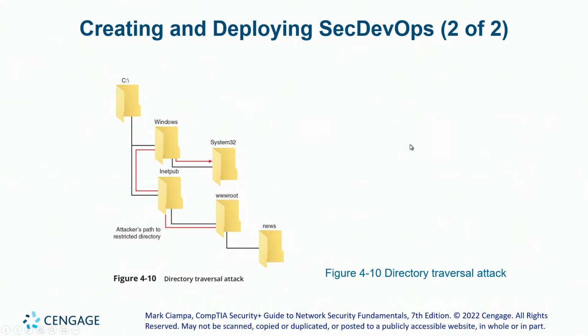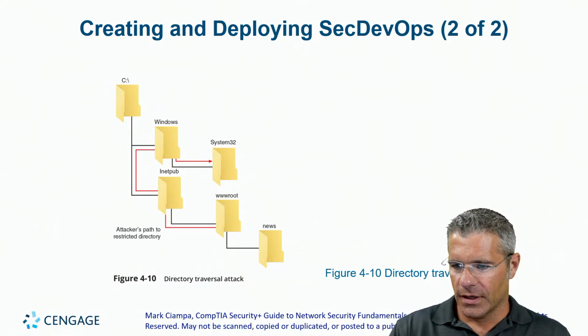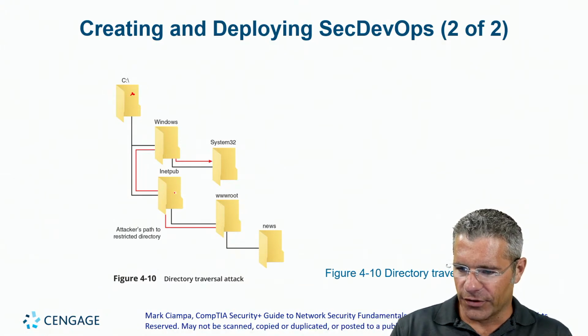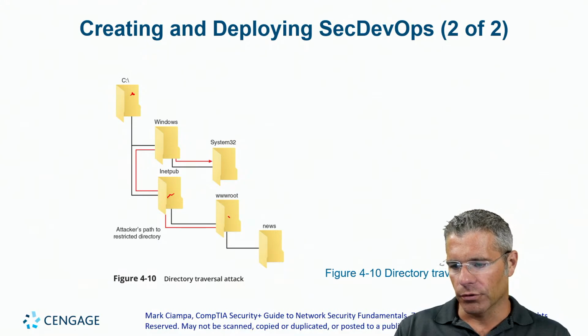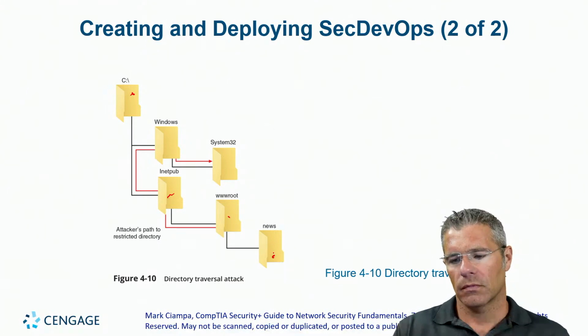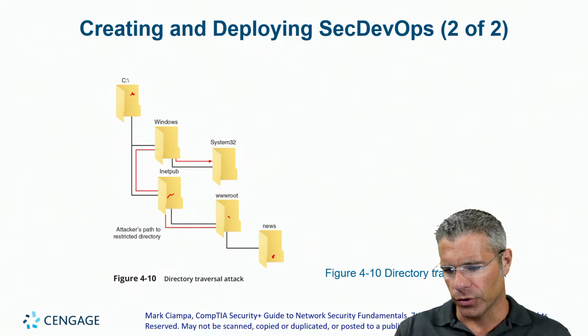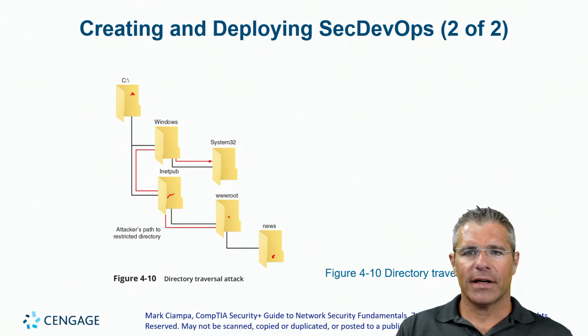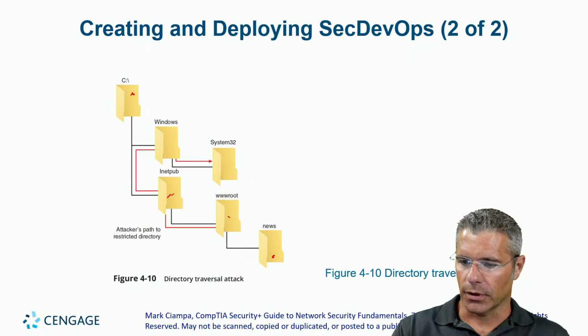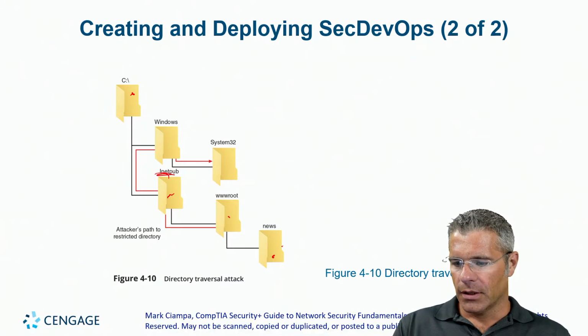And this is that directory traversal thing, right? If this is c:\inetpub\wwwroot\news, say I've got an application or a dumb web server like Microsoft's Internet Information Server, which used inetpub.